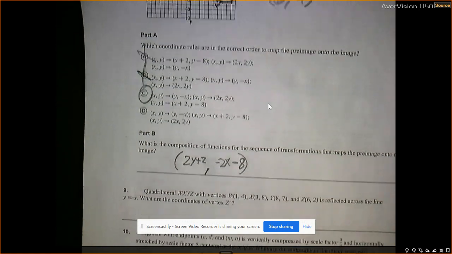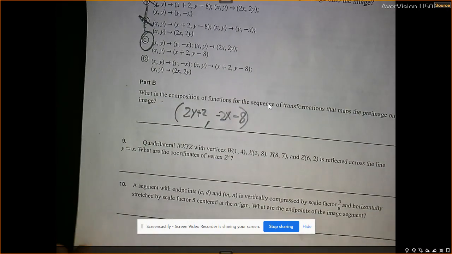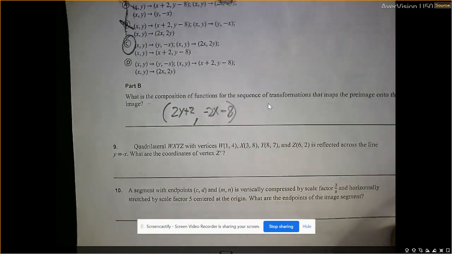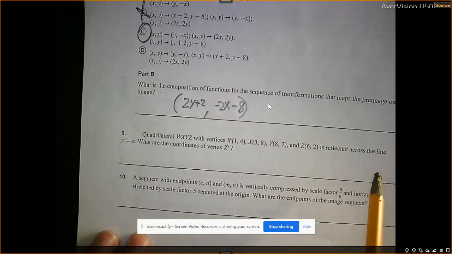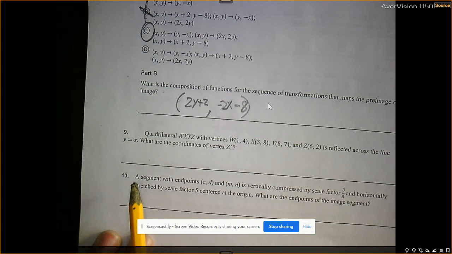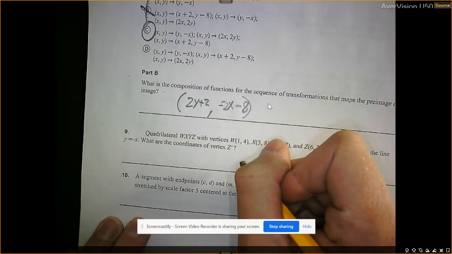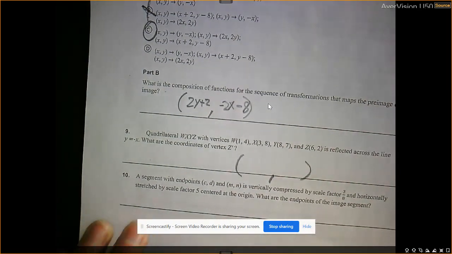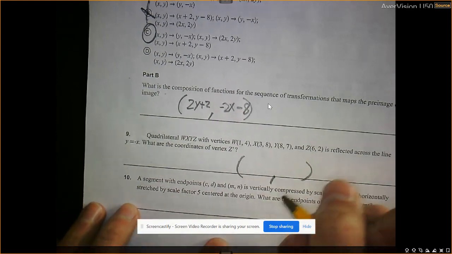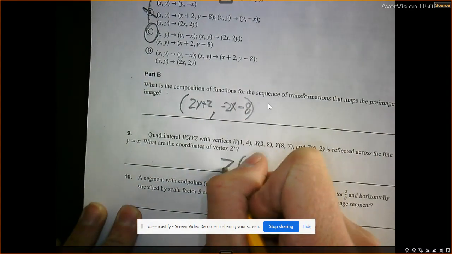Okay, now moving on to number 9, we have quadrilateral WXYZ with the following vertices, and it's being reflected across the line y equals negative x. Whenever you're reflecting anything across the line y equals negative x, we know our rule, and it's just asking for Z, so I'm taking (6, 2).